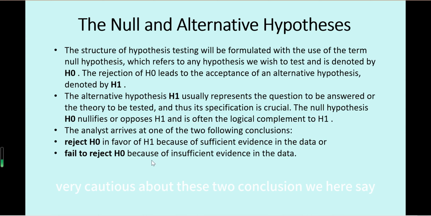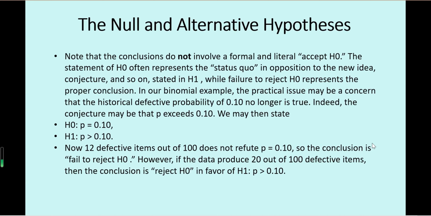We say in favor of H1 when we reject H0. And if we do not reject, we say fail to reject H0 because of insufficient evidence. Note that the conclusions do not involve a formal and literal statement saying we accept H0.